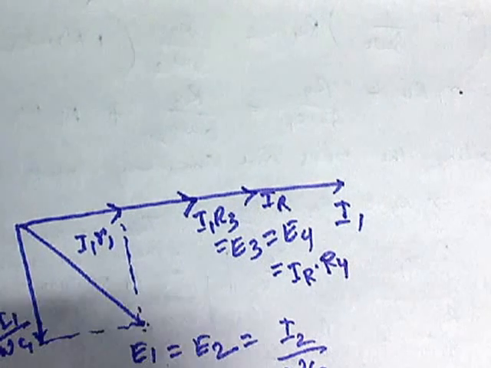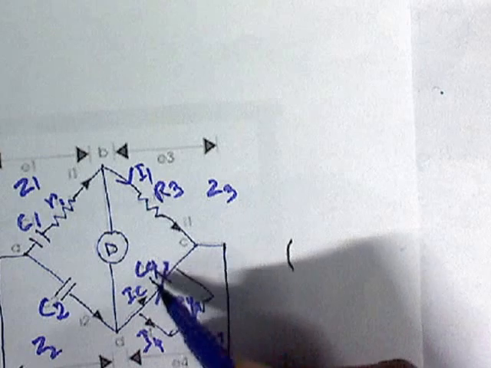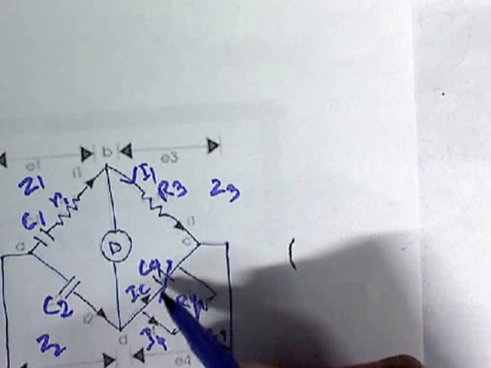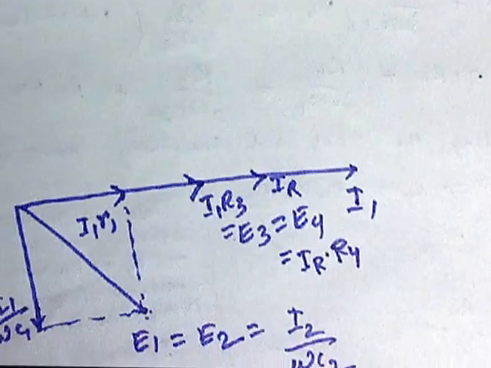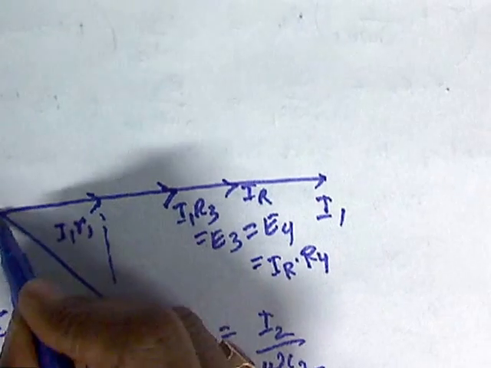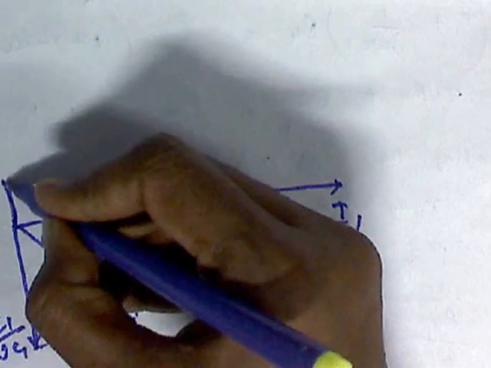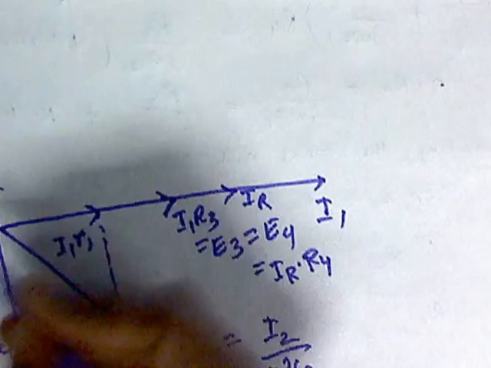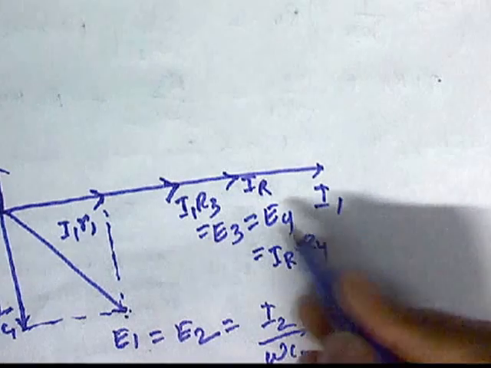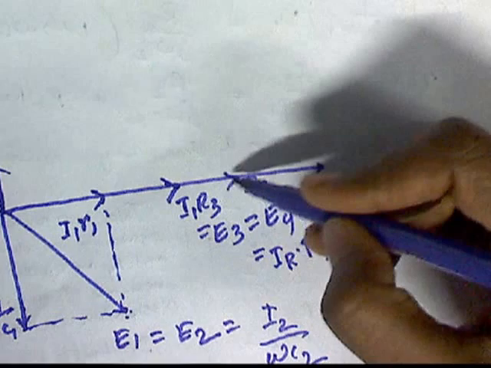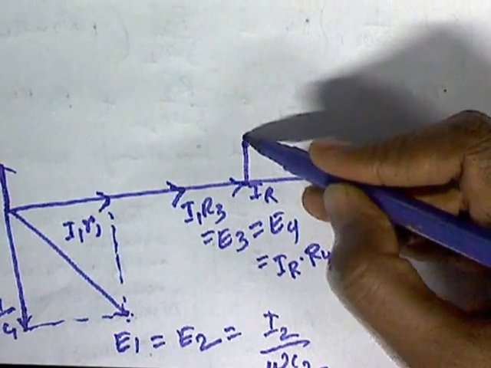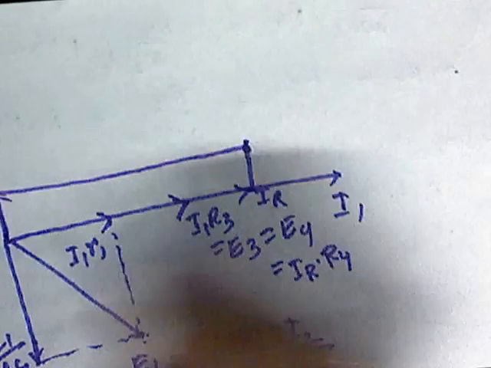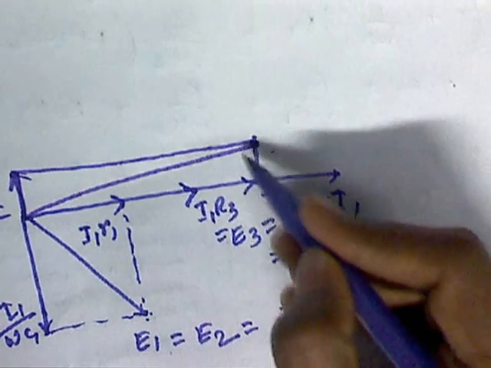Now IC is the drop across C4, and this IC will lead E3. Now the phasor sum of IC plus IR is equal to I2.